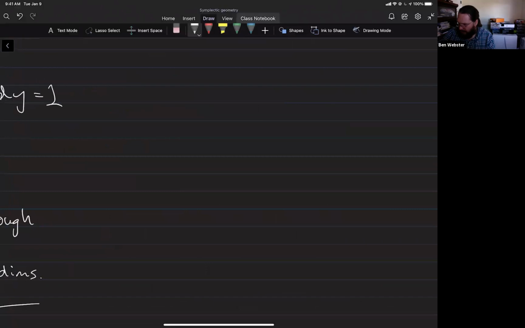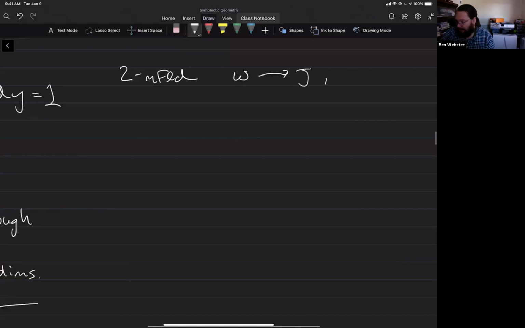On any two-manifold, given a symplectic form, I can choose a compatible complex structure J and thus get a metric g. And by definition, g(u, v) is equal to omega(u, Jv).